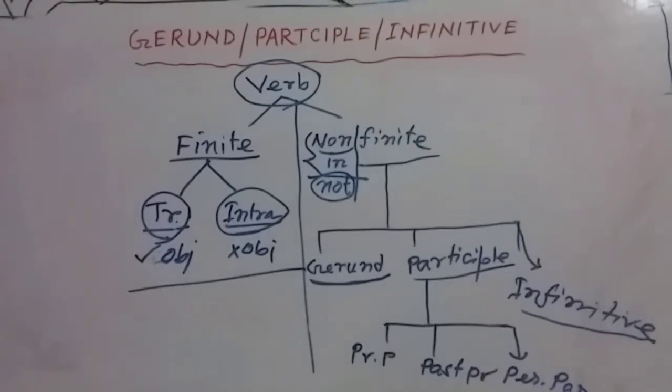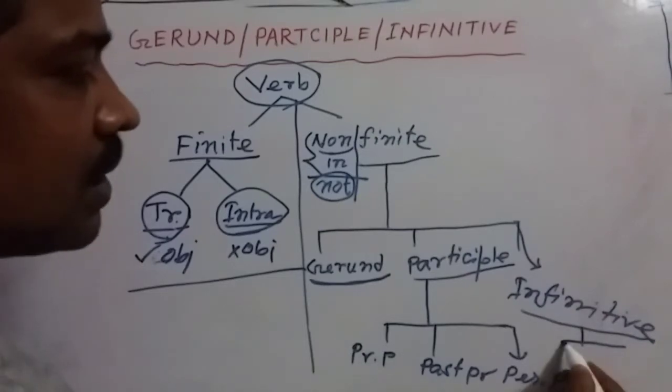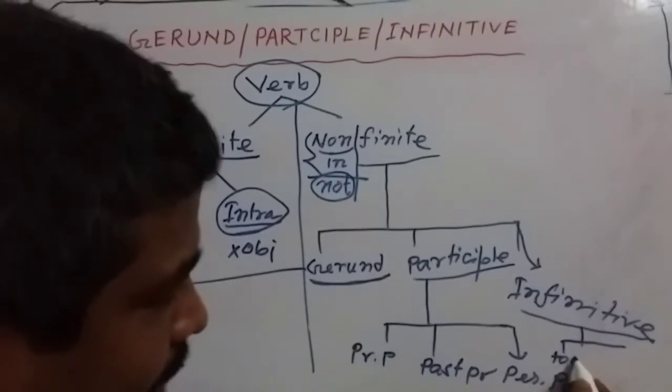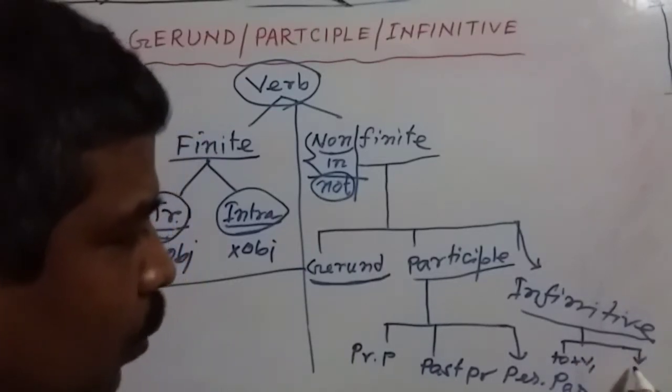And infinitive is divided into two parts: with to, that means to plus V1, and another one without to.